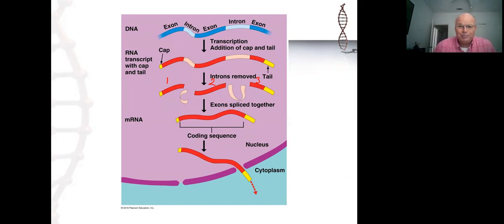And of course, if you splice the exons together in different orders, you change what sort of polypeptide you're going to make. And you might wonder where this might be a benefit. And where it might be a benefit is something that we're dealing with right now, our immune system.